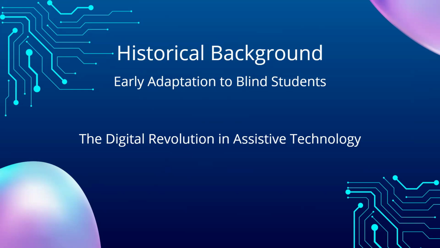Then, in the 1980s, we witnessed the first screen reader, software that reads digital text aloud. Then, in around the 2000s, this brought mobile tech into the picture, such as VoiceOver on iPhones or TalkBack on Androids. Now, in the 2020s, we are entering a new era of AI powered assistive tools like smart glasses that can describe the surroundings in real time.